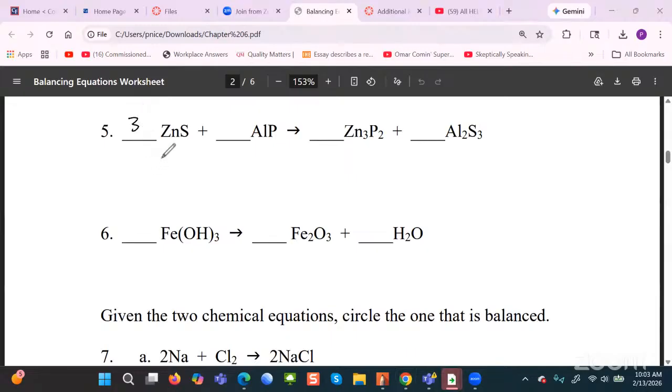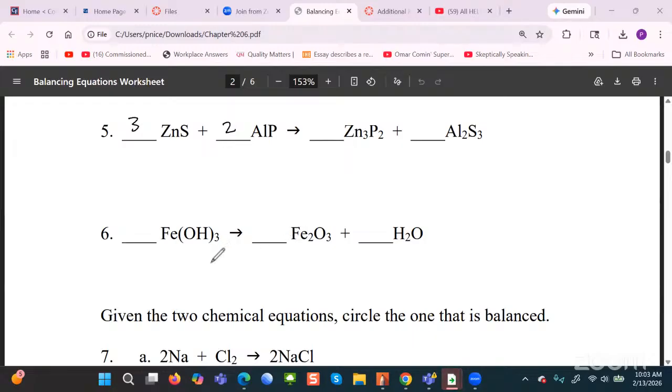And then a 2 in front of the aluminum and phosphorus, aluminum phosphide, that's the name of it. Anyway, and what else? Nothing else? Okay, yeah, I would agree with that too. Okay, very good. So that's the answer for that one. Any questions about this one?